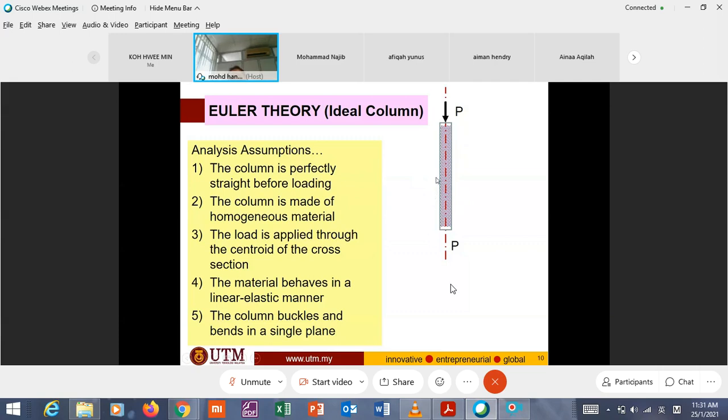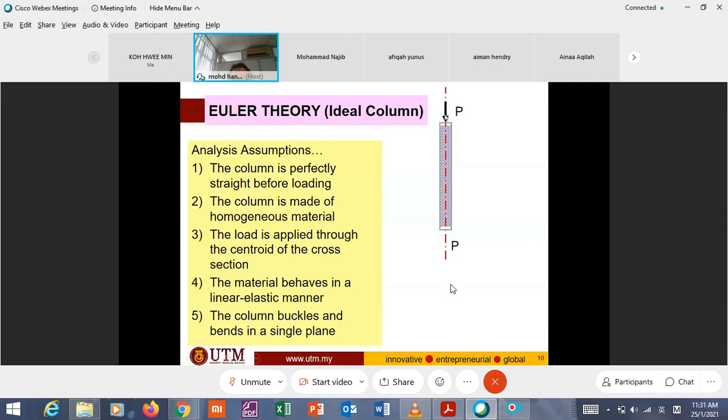That is what we mean by homogeneous. So if you have material like plywood, fiber mat, or maybe bamboo, it is not homogeneous. Number 3, the load is applied through the centroid of the cross section.